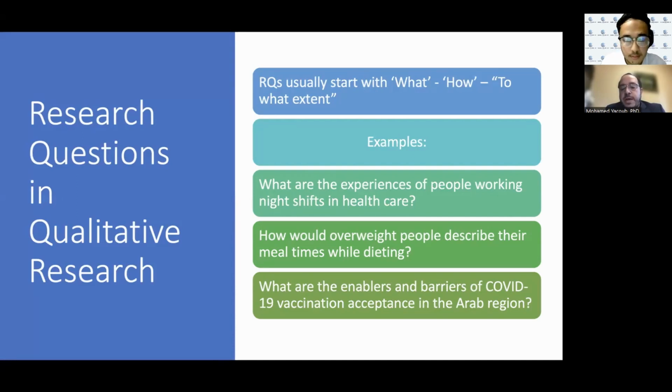What are the enablers and barriers of COVID-19 vaccination acceptance in the Arab region? So Dr. Effet, Dr. Rami Ghazi, and some other researchers, including myself, conducted this qualitative study. I think it was a year ago, and it was qualitative. I'm going to share the whole study and show you how we did it step by step.